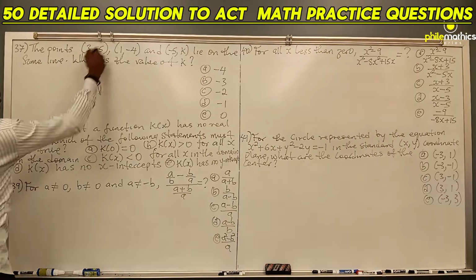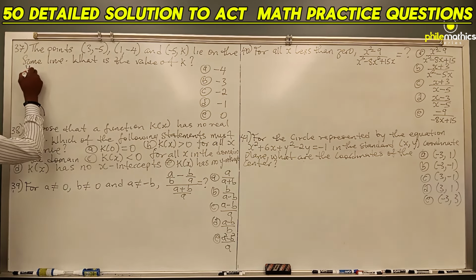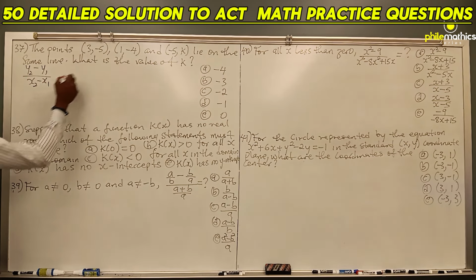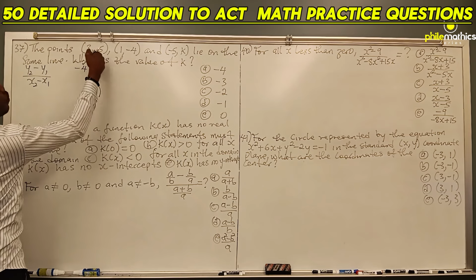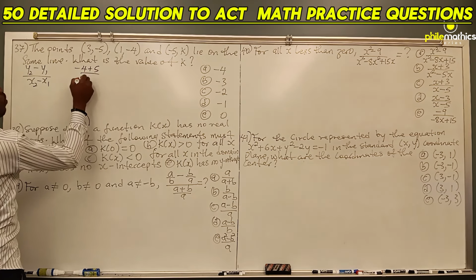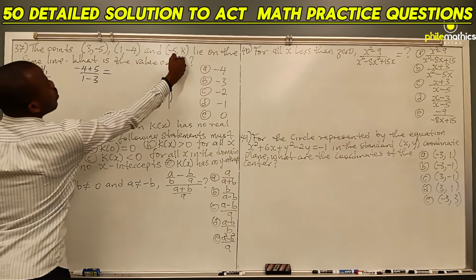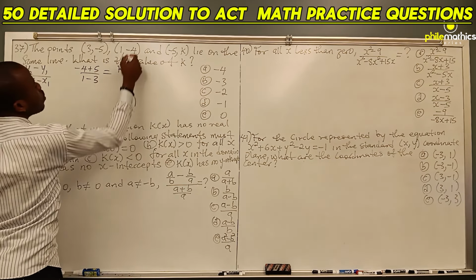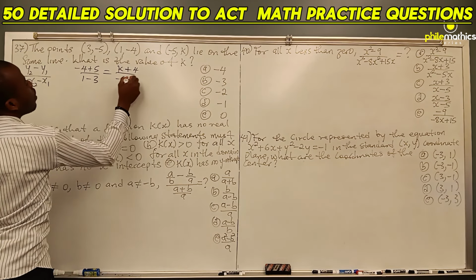Remember the gradient formula is y2 minus y1 over x2 minus x1. So the gradient between this and this is minus 4 minus minus 5, plus 5, over 1 minus 3, must be equal to k minus minus 4, which is plus 4, over minus 5 minus 1.